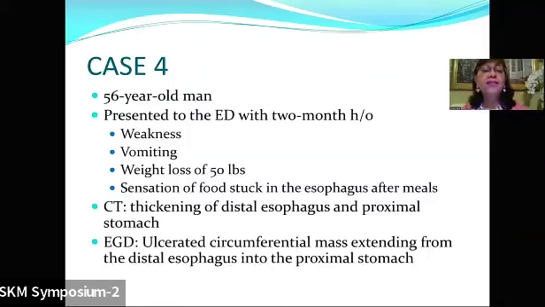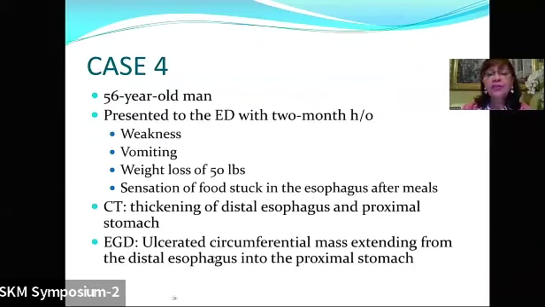Next case, a 56-year-old man presents to the emergency department with a history of weakness, vomiting, major weight loss. And then he complained of food being stuck in the esophagus after eating. Imaging was done, and that showed thickening of the distal esophagus and proximal stomach.